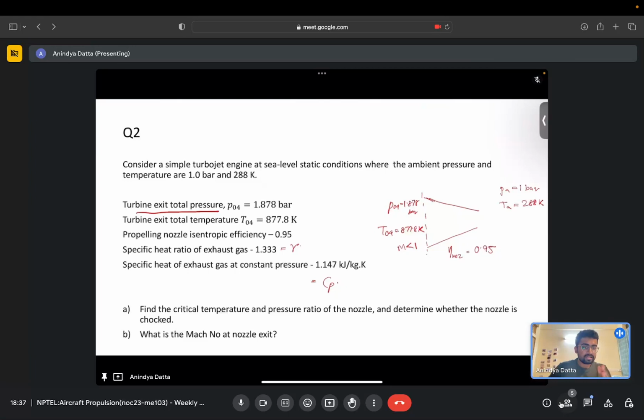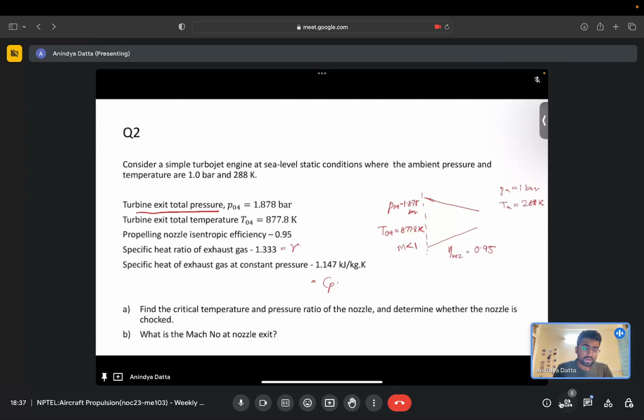Okay, and as the gas goes through the nozzle, the flow velocity increases and the Mach number of the flow also increases, right? So we say the flow is choked when the Mach number at the exit of the nozzle becomes equal to 1. That's when we say that the nozzle is choked.